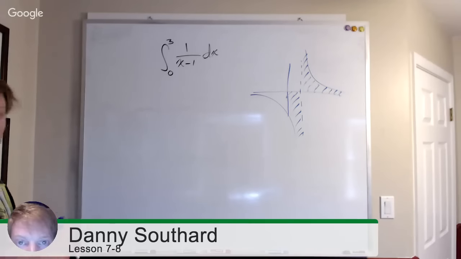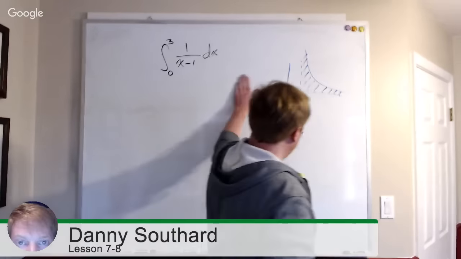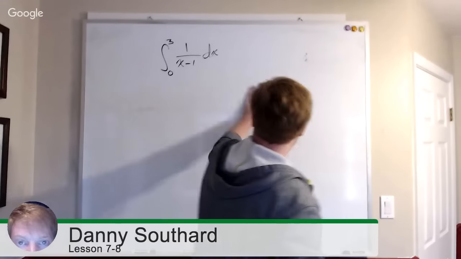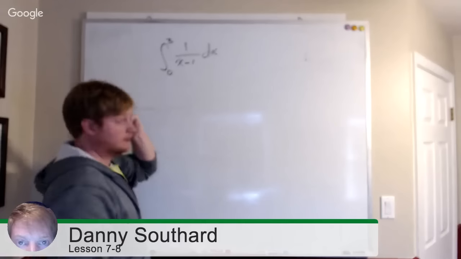So I'm evaluating over an asymptote. That's where the improperness has come into play. So again, yes, you need to know what that graph looks like.